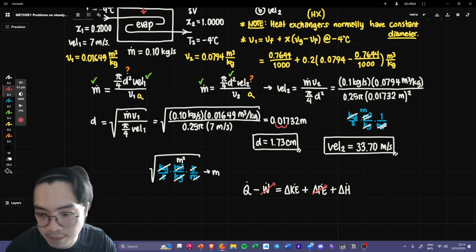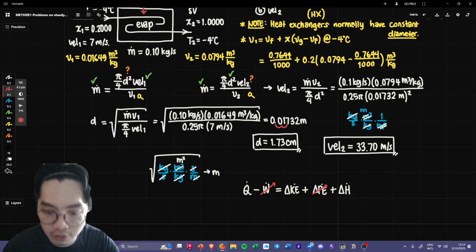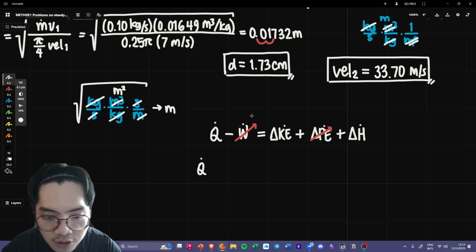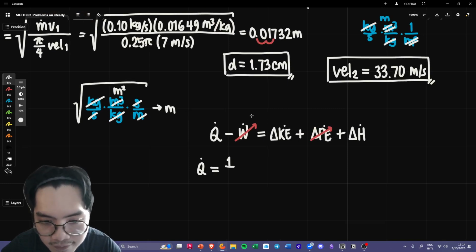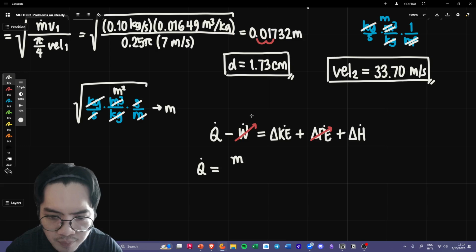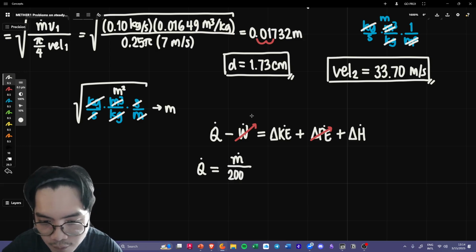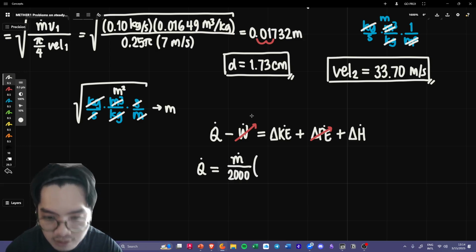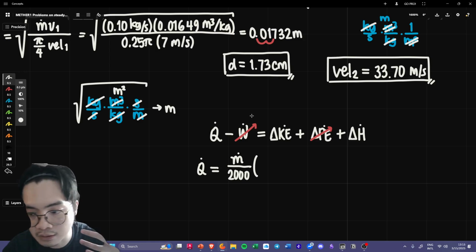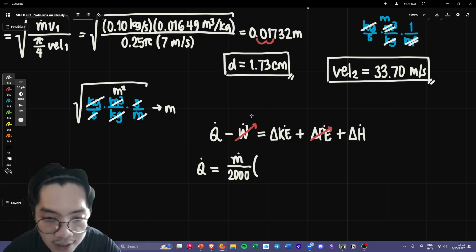And so what will happen now is that we need two more additional values, because if we expand both of these, Q will be equal to m dot over 2000 times vel2 squared minus vel1 squared plus m dot times h2 minus h1. If you remember, why is it 2000? Because it's 1/2 mv squared, but because this is in watts, we need to turn it into kilowatts.